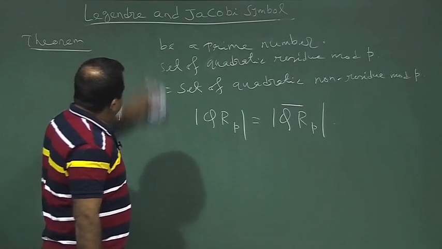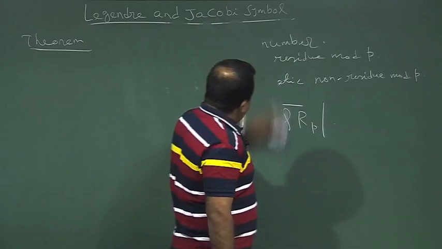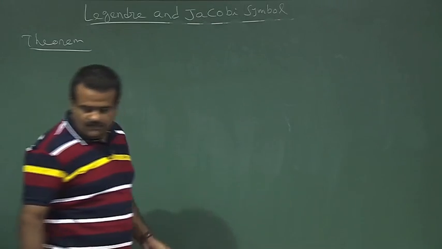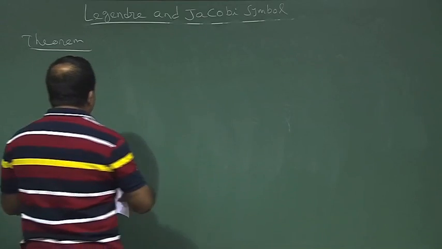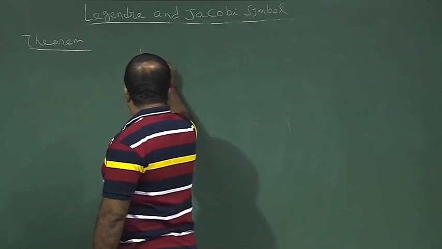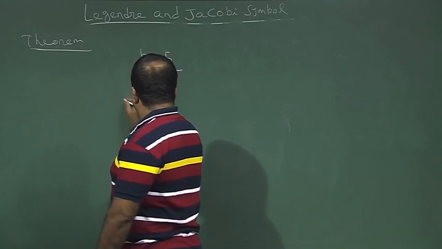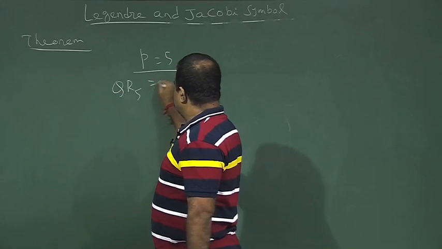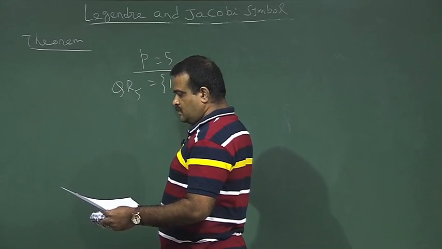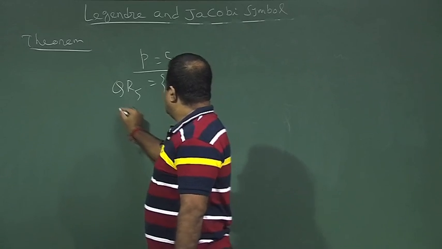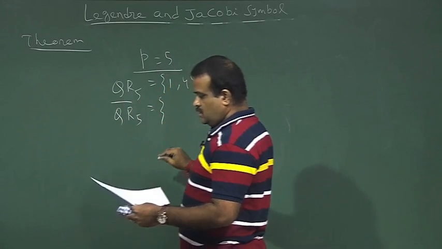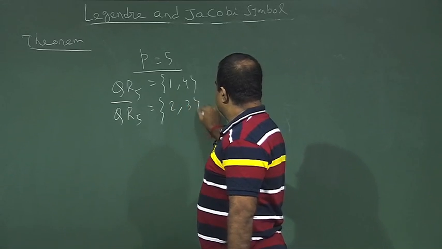Suppose p is equal to 5. Who are the quadratic residues? We can easily verify that for p equal to 5, the quadratic residues are 1 and 4, and the quadratic non residues are 2 and 3.